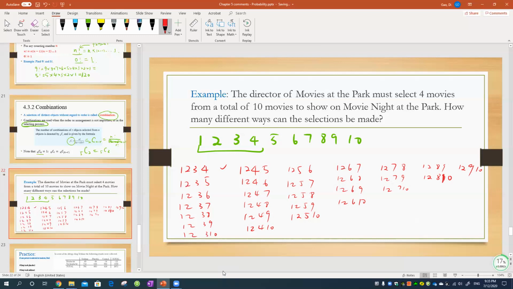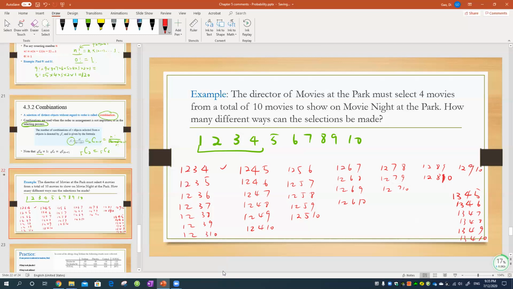Now we have 1, 3. So we have 1, 3, 4, 5; 1, 3, 4, 6; 1, 3, 4, 7; 1, 3, 4, 8; 1, 3, 4, 9; 1, 3, 4, 10.